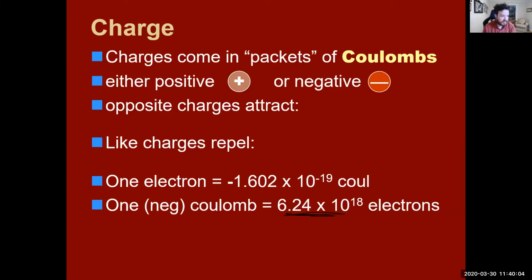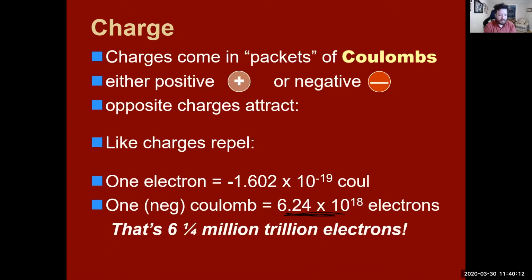This number comes up a lot in your engineering fields, a surprising amount. So that's 6.25 million trillion electrons is equal to 1 negative coulomb.